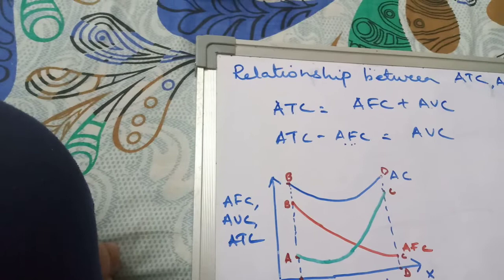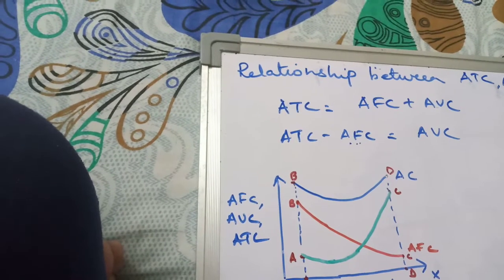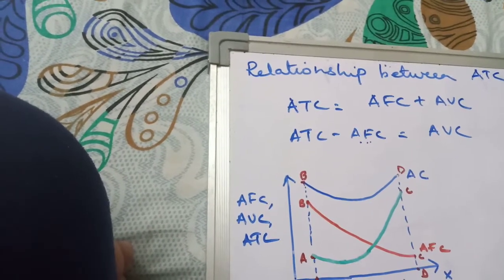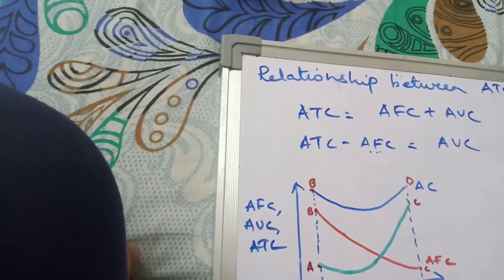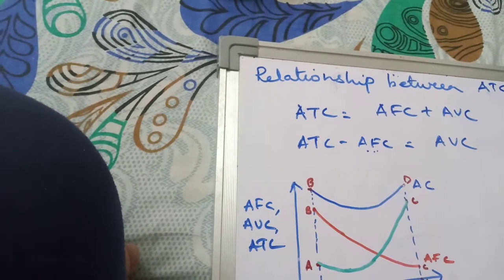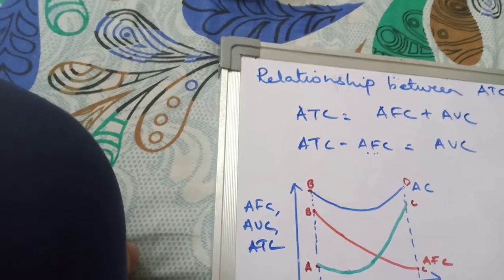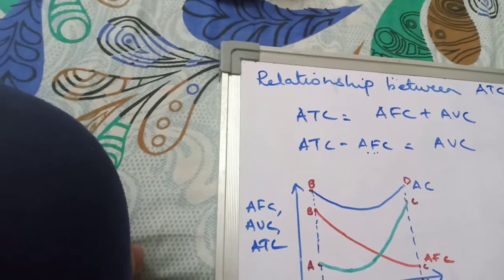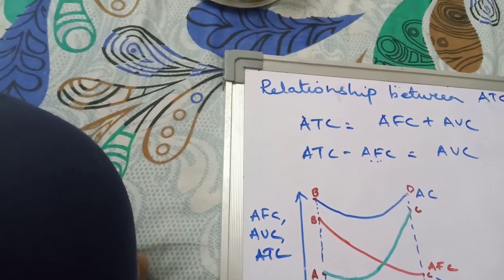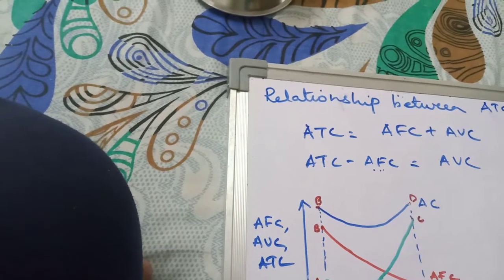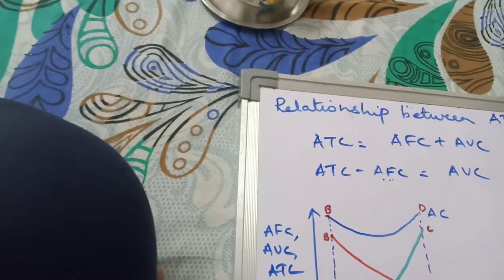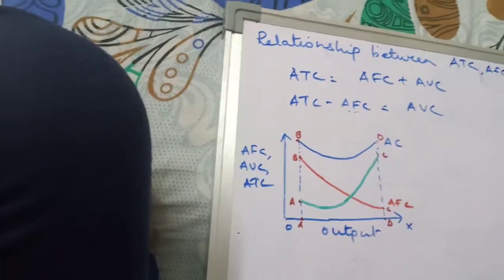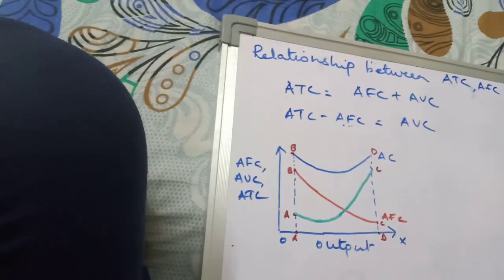The difference between ATC and AVC falls because AFC goes on falling. ATC is greater than AVC. AFC goes on falling but never reaches 0, because TFC never becomes 0 and is always constant at all levels of output.